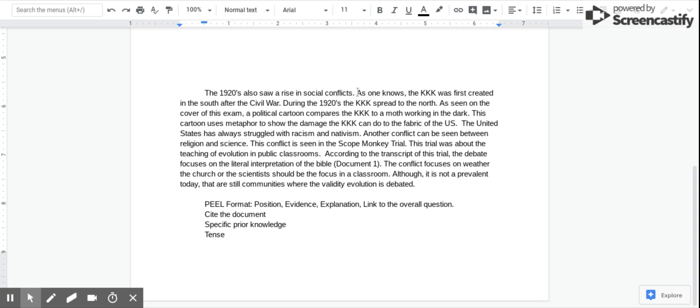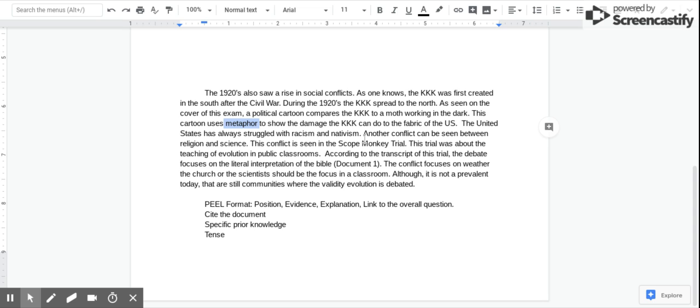All right. So again, I'm using my explanation first, and then I'm going to cite my document. So this is where we're going to see how I'm using the document on the cover, and then I'm also using the vocabulary of analyzing documents, or analyzing political cartoons, in the analysis of this document.